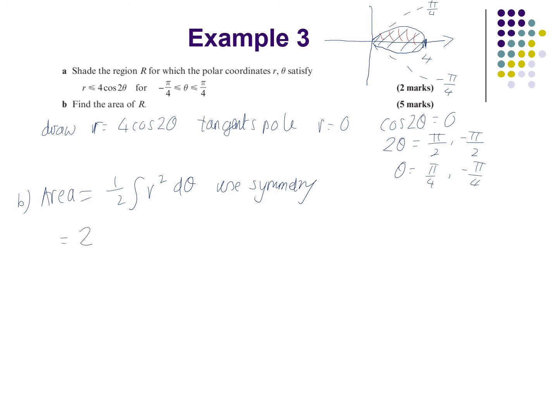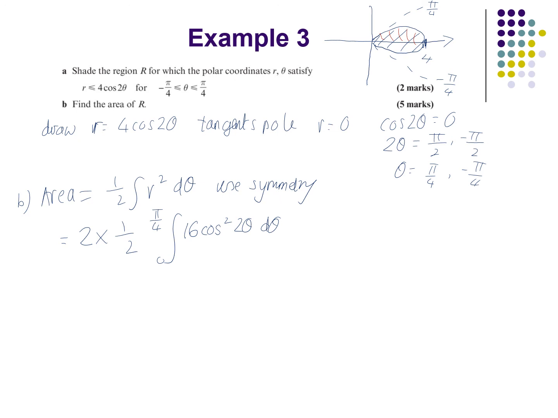So I'm going to say it's 2 lots of half integral between 0 and pi by 4 of r squared. Do be careful, r squared. You need to square the 4 as well. So you've got 16 cos squared 2 theta. So do remember to square the 4 as well.